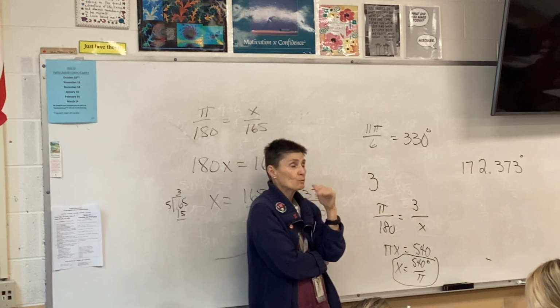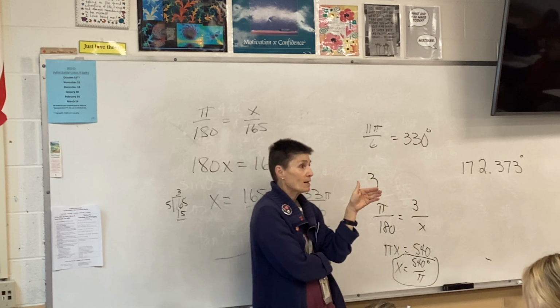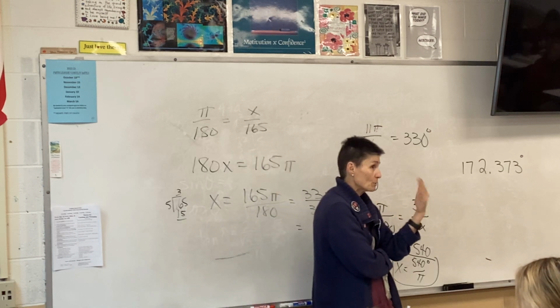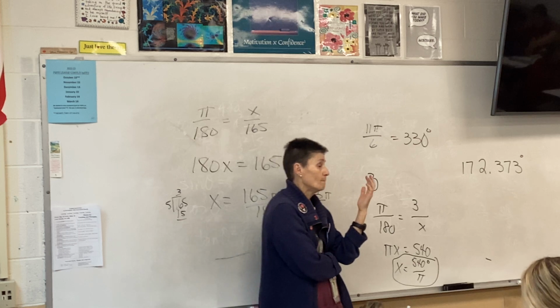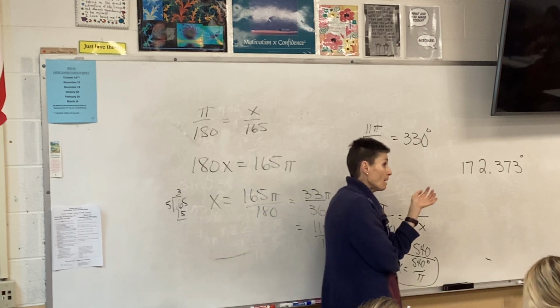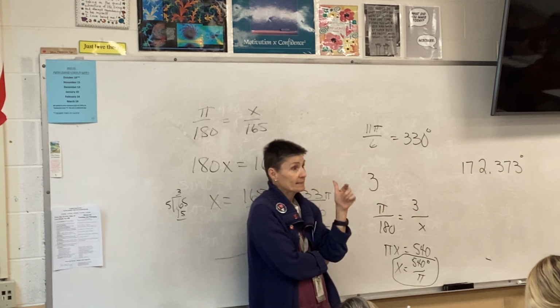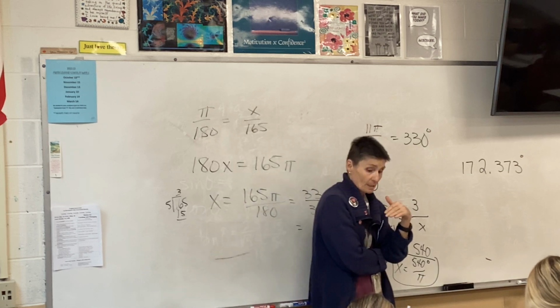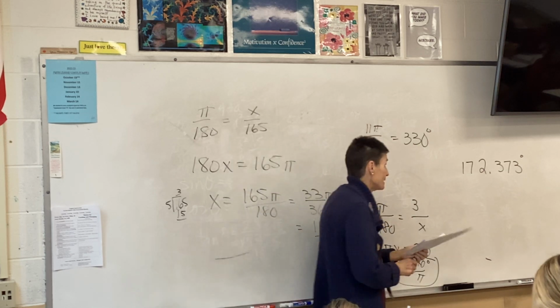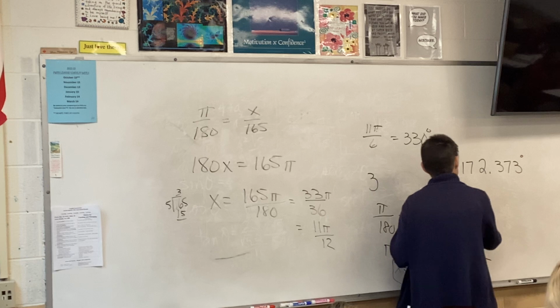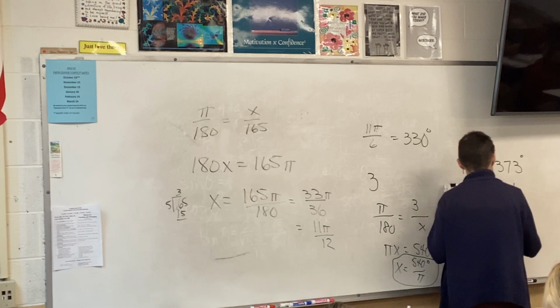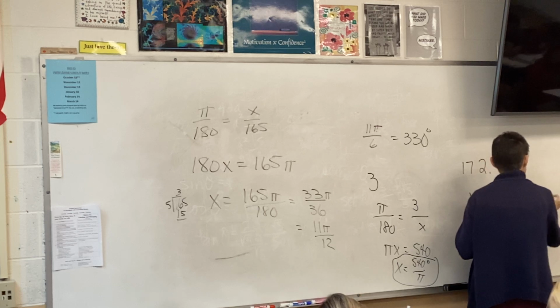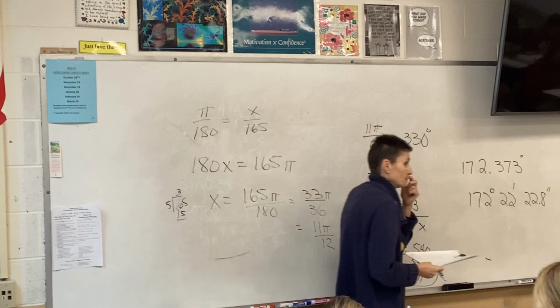Now, if your notes are not clear on that process, it's time to write down those steps because we're not going to go through them all the time. You're going to have to know. Type in the number, second angle DMS, and it should come out to be what? 172 degrees, 22 minutes, 22.8 seconds.